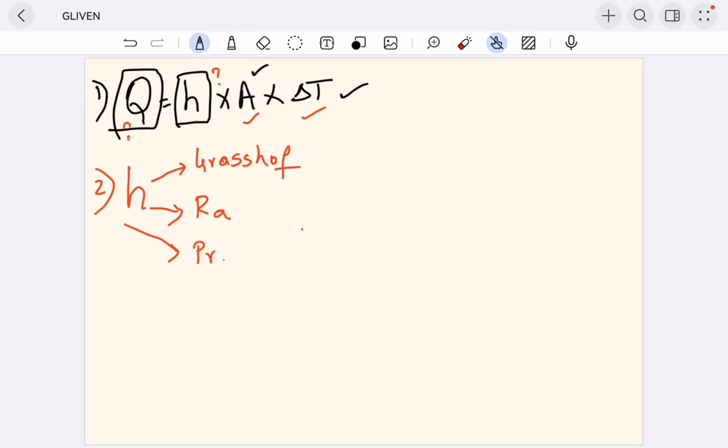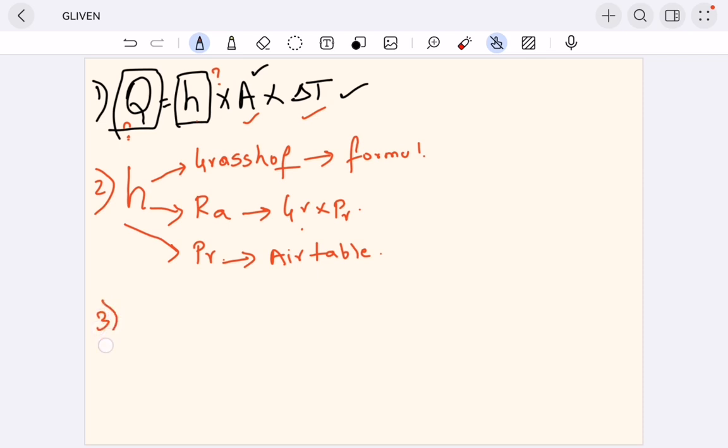Grashof from the formula, Rayleigh again we have as Grashof times Prandtl, and Prandtl from the table. I need these three numbers.